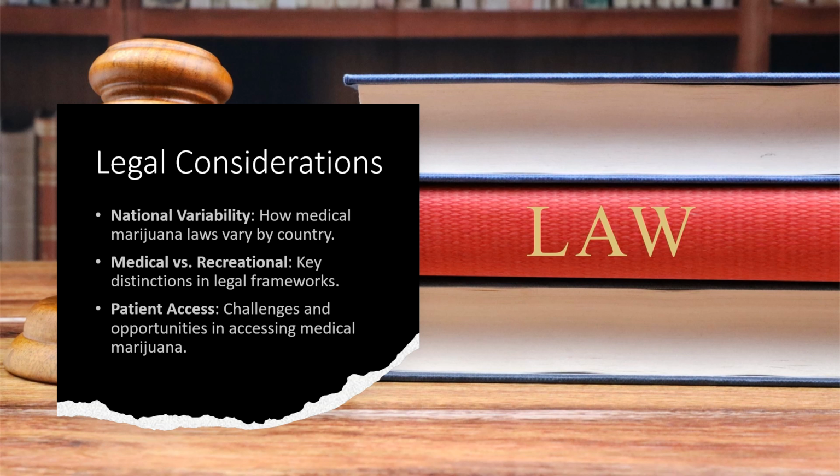Some countries, they have this comprehensive list of qualifying conditions, while others leave room for physician discretion. And then, opportunities for patient access also differ. And that's going to range from state-run dispensaries to private sector involvement in the distribution of medical cannabis.